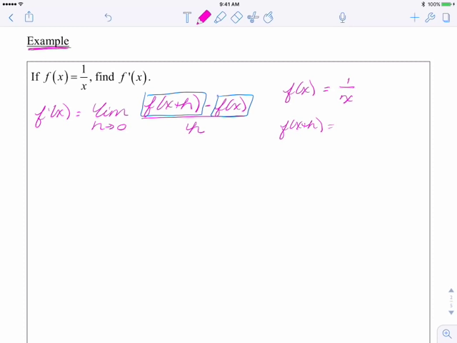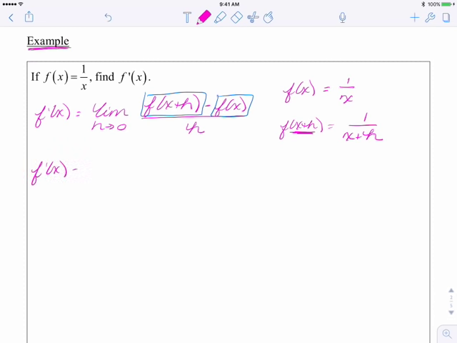So remember how we evaluate functions: whatever is in the parentheses goes into all of the x spots in the formula. Since f of x is 1 over x, f of the quantity x plus h is 1 over the quantity x plus h.